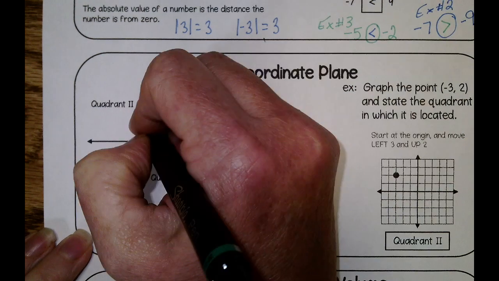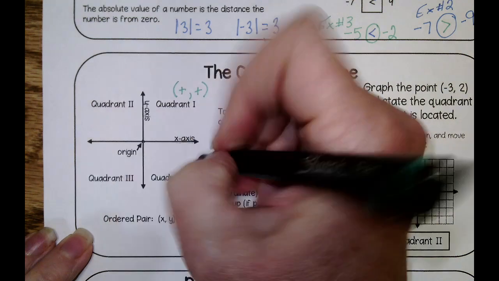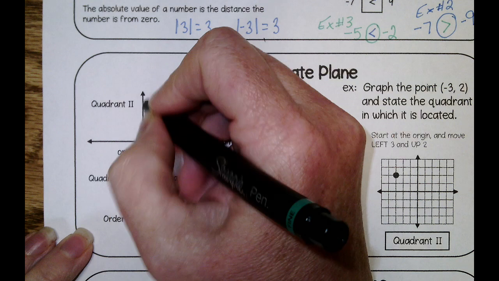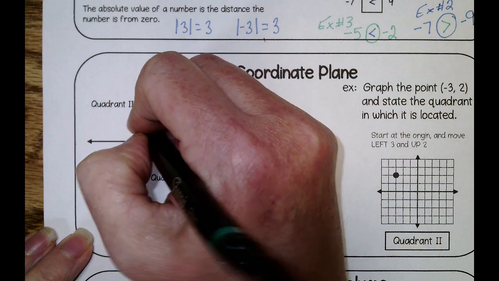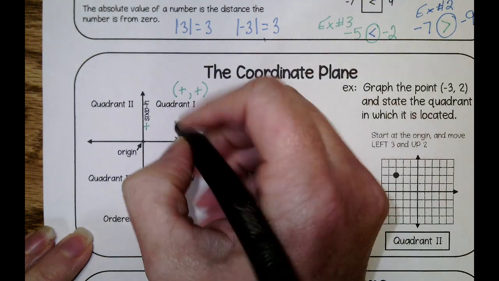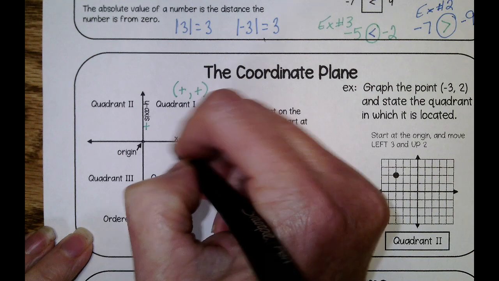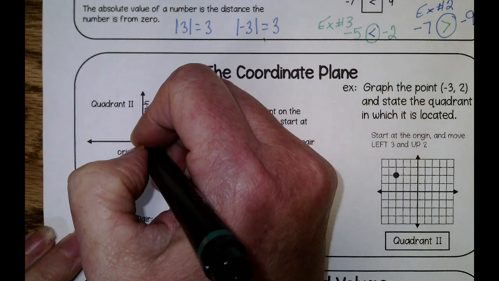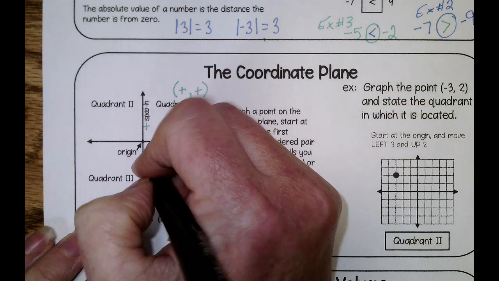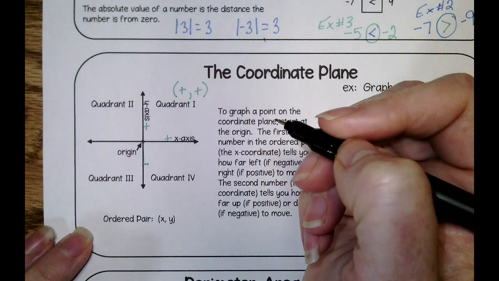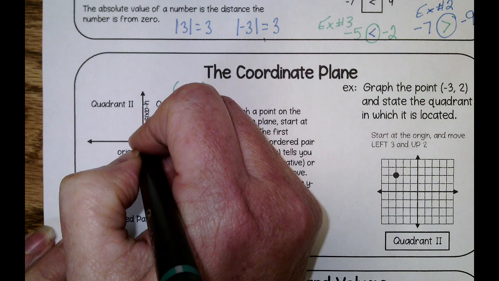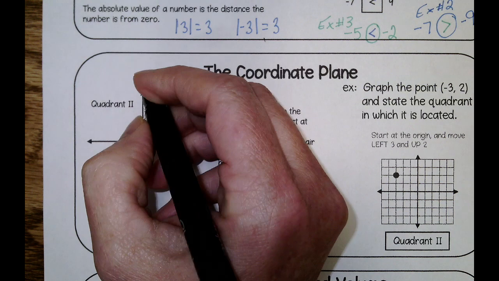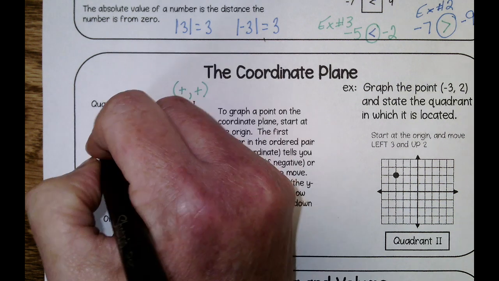Okay? Something I want you to add to this paper is the signs. In quadrant 1, your x value is going to be positive, your y value will also be positive. I can even put, here's the x-axis. If you are on the y value above the x-axis, it's going to be positive. If you're on the x-axis, this area is going to be positive. Now, if you're below the x-axis, that's negative. And to the left, if you're on the x, this area right here is also negative.